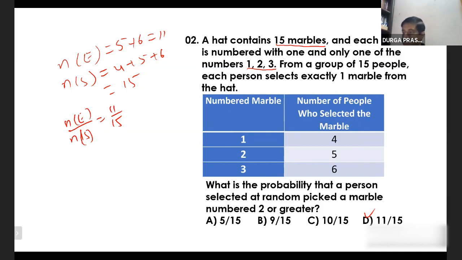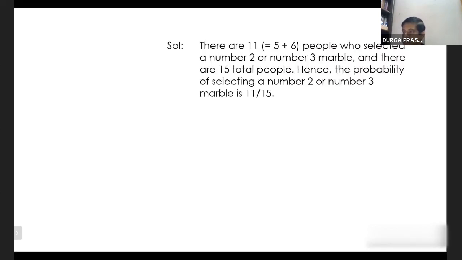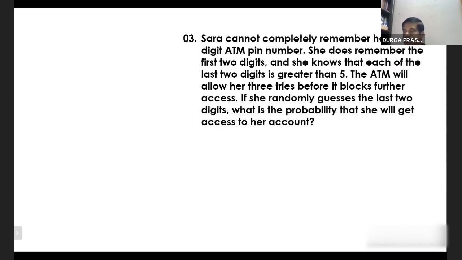Let's go to the next question. This is the same solution we have done. Now see. Sarah cannot completely remember her 4-digit ATM PIN. Let us take the 4 digits as 1, 2, 3, 4.